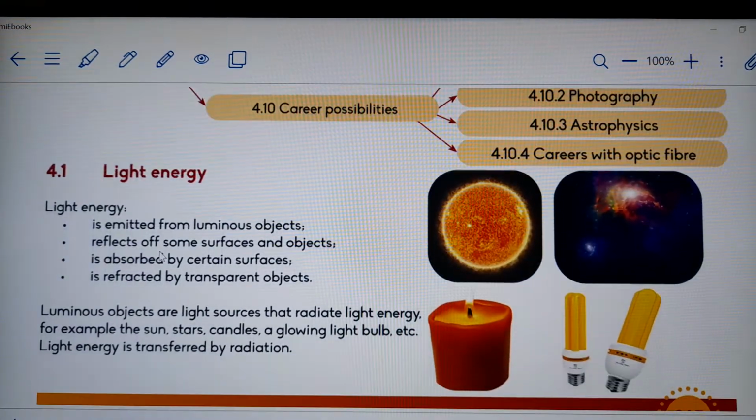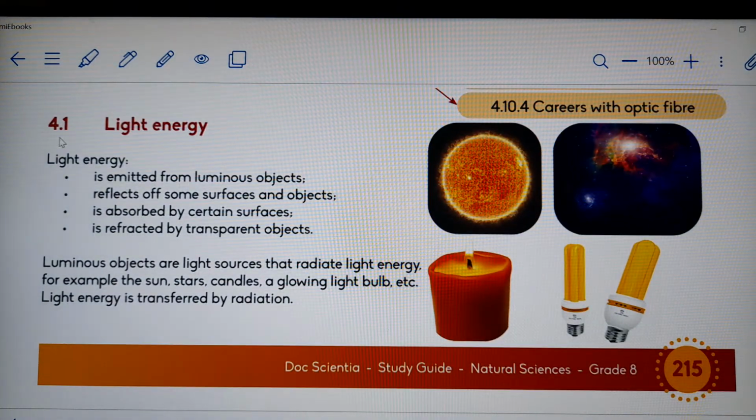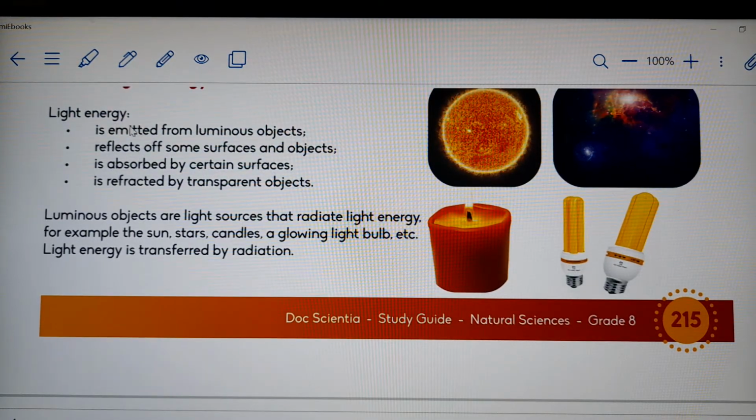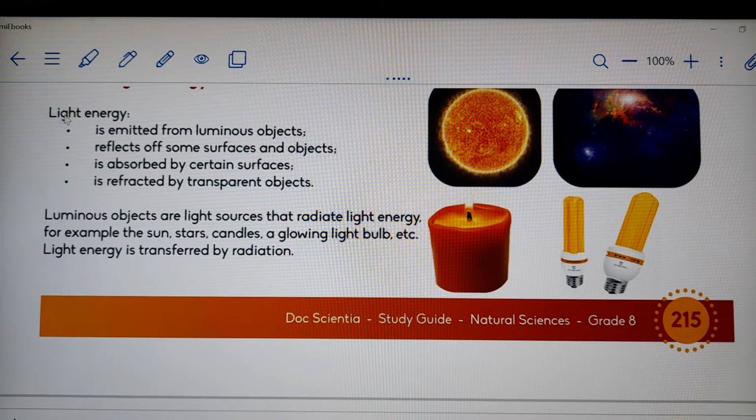Okay, so now let's start on page 215 with section 4.1, and we will cover the light energy. Light energy is emitted from luminous objects, and light energy reflects off some surfaces and objects. Light energy is absorbed by certain surfaces, and light energy is reflected by transparent objects.